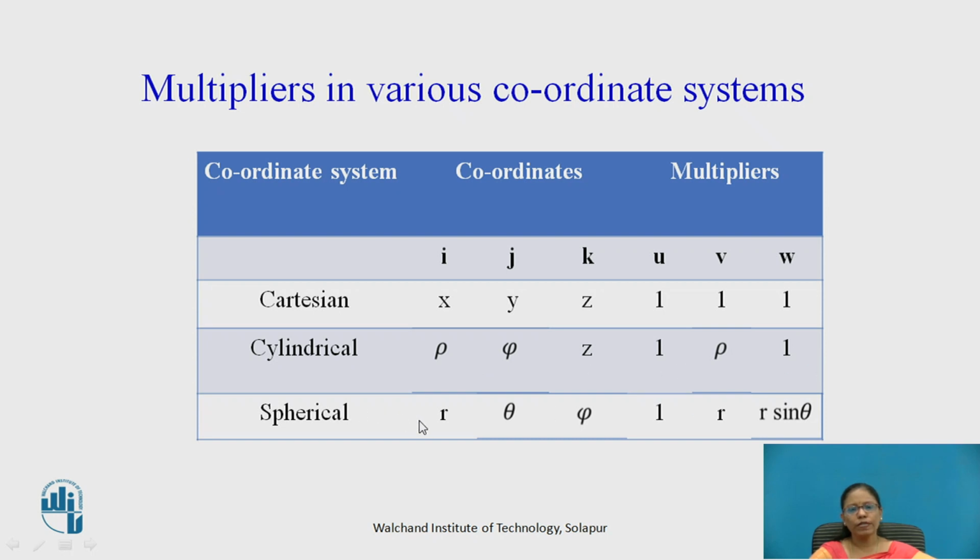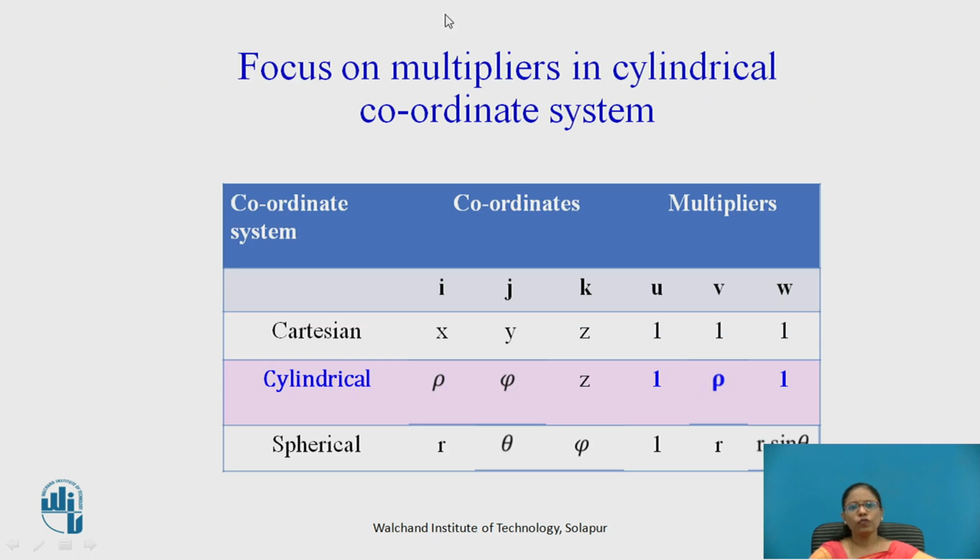In spherical coordinate system, the coordinates are r, theta, phi, multipliers are 1, r, r sine theta. Let us focus on the multipliers in cylindrical coordinate system because we are considering the case of cylindrical system, having the coordinates rho, phi, z and the multipliers 1, rho, 1.